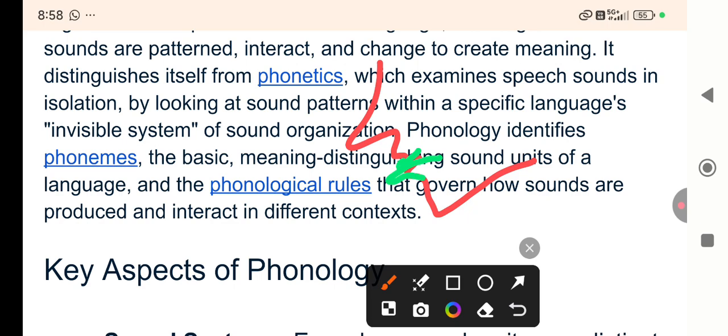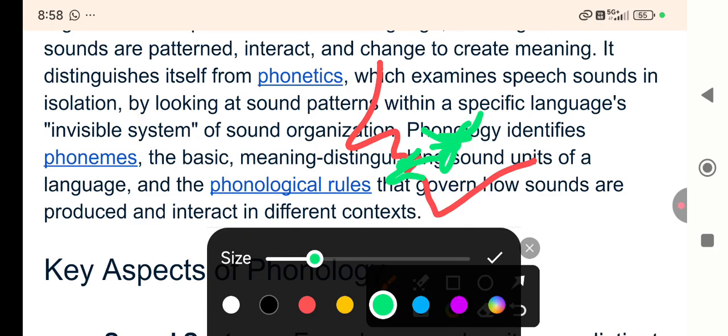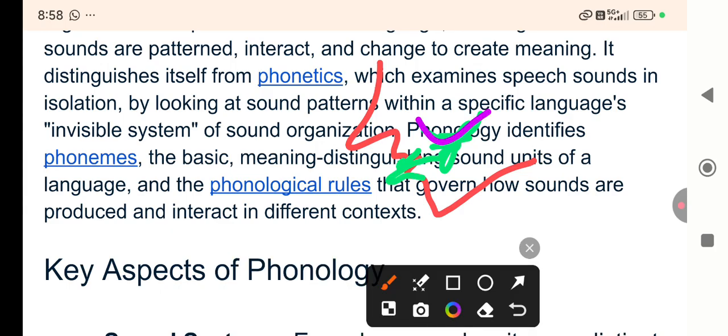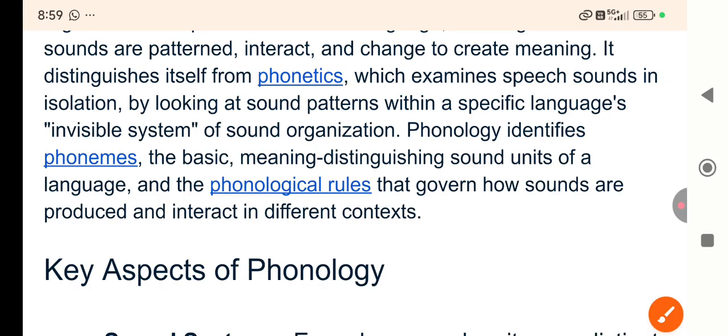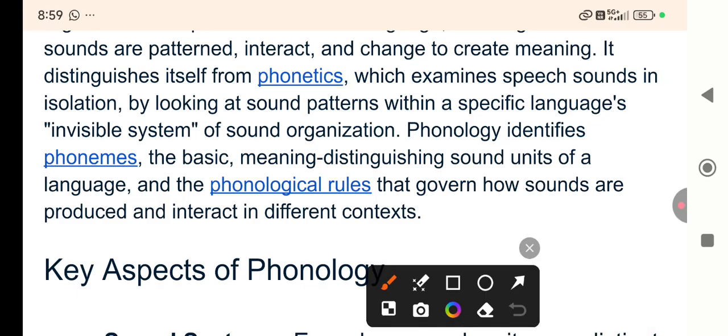And D. Then the D sound is produced inside the mouth. D, so that's the tongue. The tongue goes here, and then D is produced. So that's the study. Phonology identifies phonemes, the basic meaning distinguishing sound units.